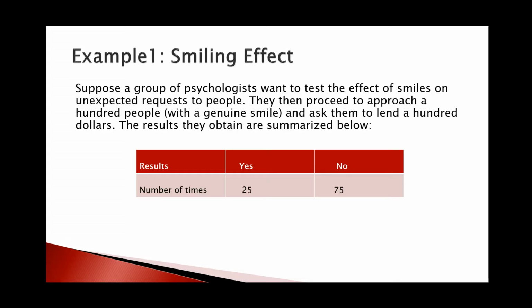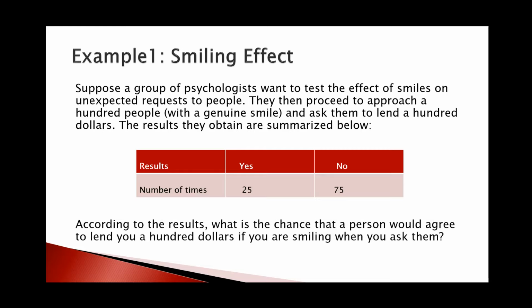Out of 100 people they approach, 25 agree to lend them $100, while the other 75 did not agree to. So based on these results, what is the chance that a person would agree to lend you $100 if you are smiling genuinely when you ask them?